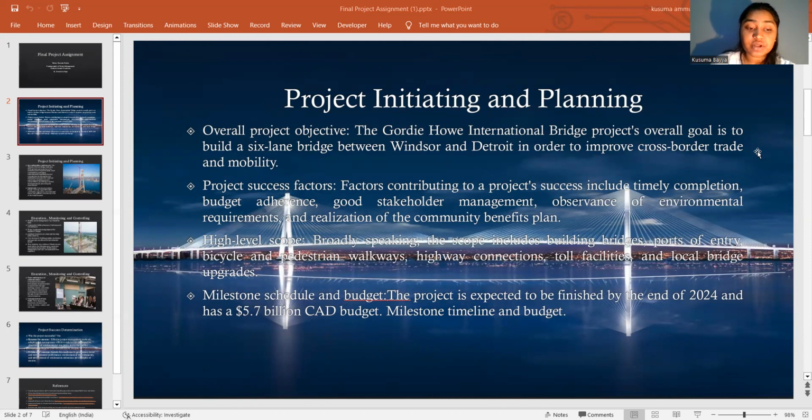So when it comes to the high level scope, the project scope covers a wide range of components.